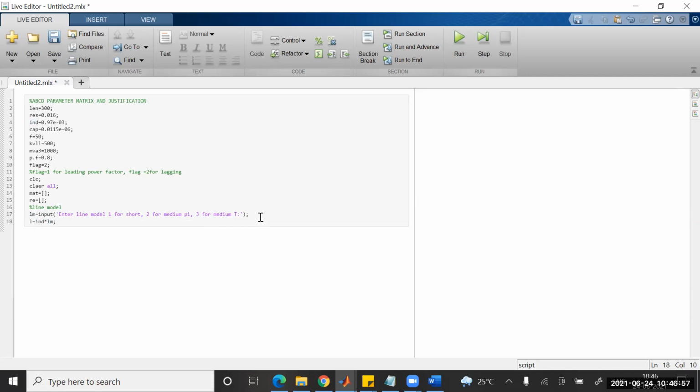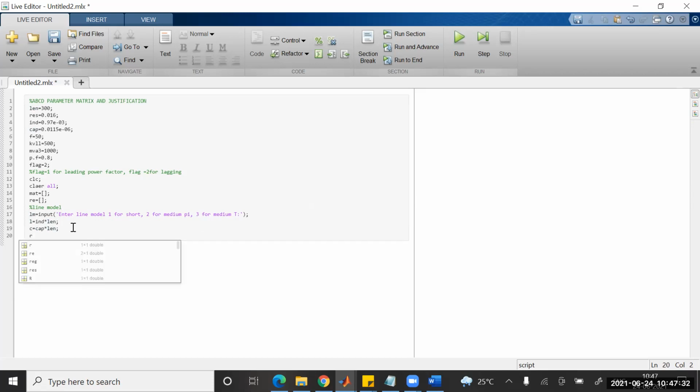We will calculate all L. Now we'll calculate C equals to cap into length. Not lm, it's length. Sorry. This length. So L is 10, C is 10.